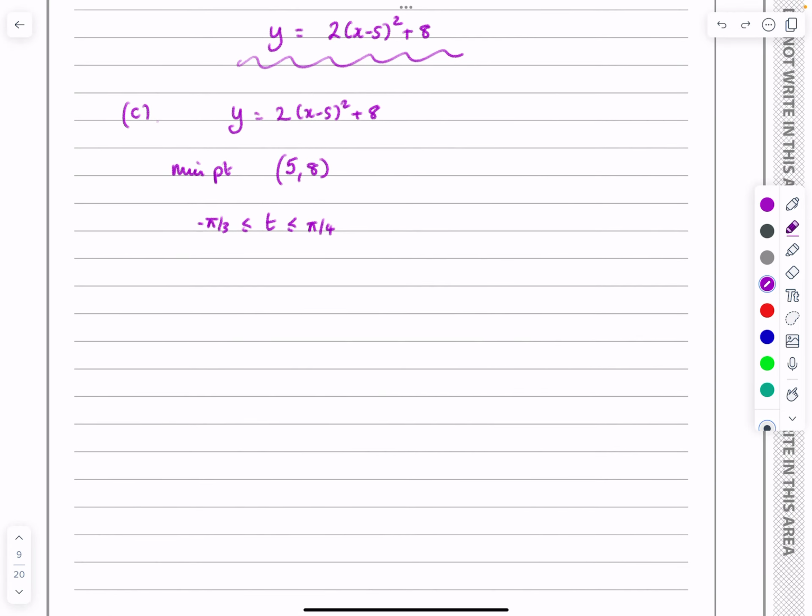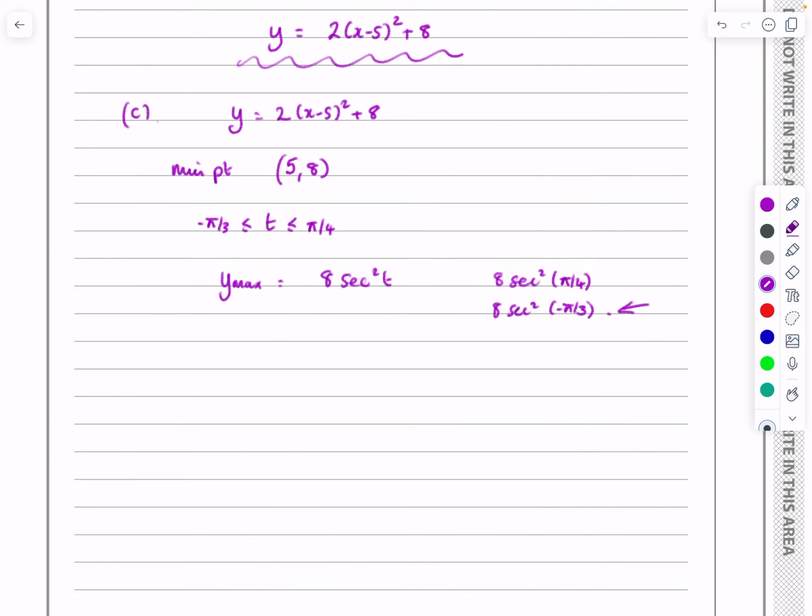It's worth 2 marks, so rather than trying to do anything clever, you probably could work it out. But y max is 8 sec squared t. So it's either 8 sec squared pi over 4, or it's 8 sec squared minus pi over 3.